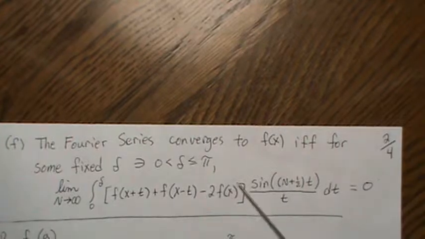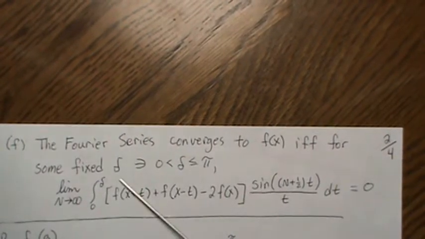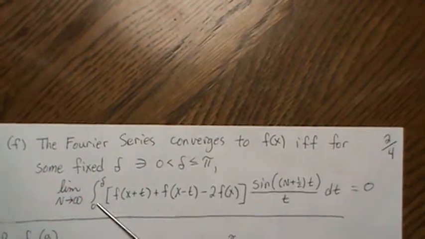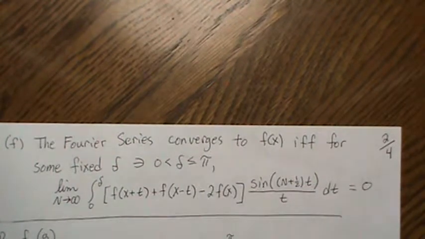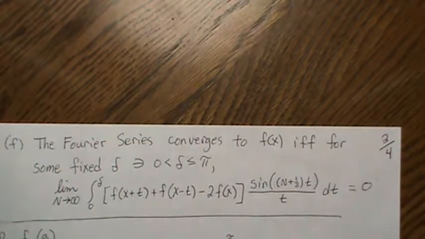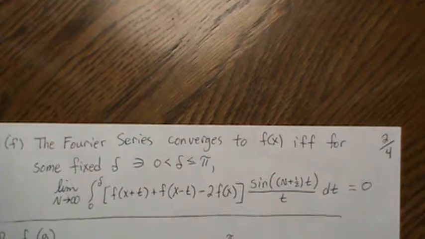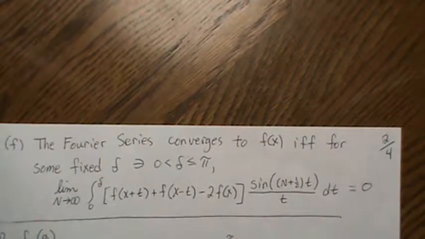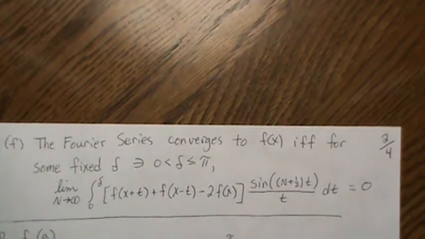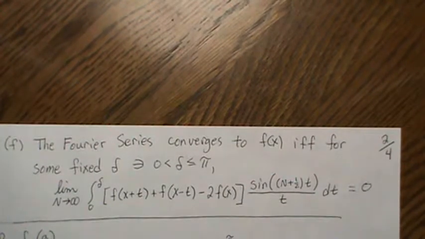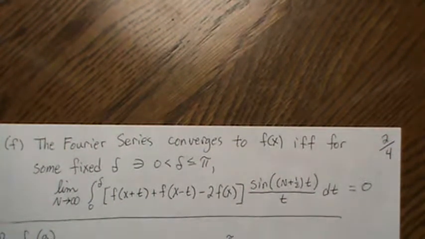And again, what this in short means is that if this happens, then the residual goes to 0. And since the residual goes to 0, I keep saying residual, but most people call it a remainder. So if the remainder goes to 0, that means the Fourier series converges to our function f of x.